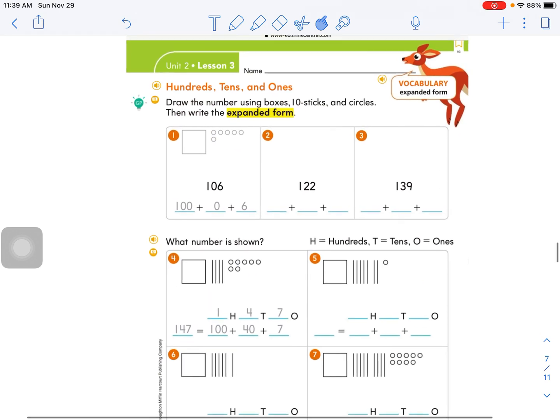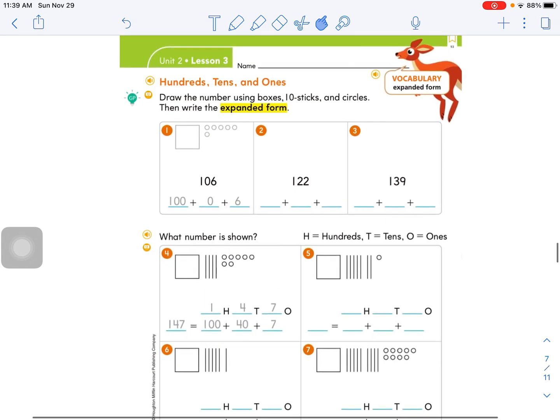This is the workbook page that you're going to be working on today, second grade friends, and the directions ask for hundreds, tens, and ones. Draw the numbers using the boxes with 10 sticks and circles, and then write it in the expanded form. So number 1 has been done for you.